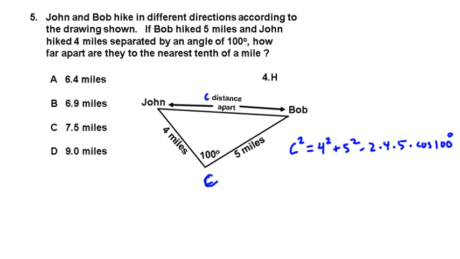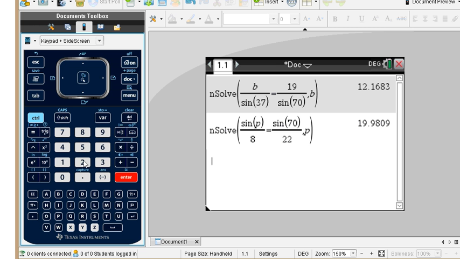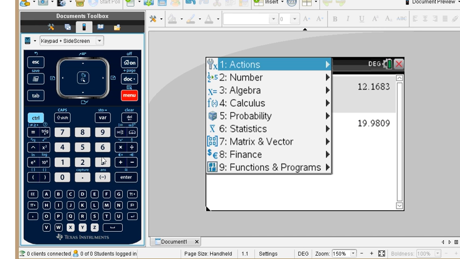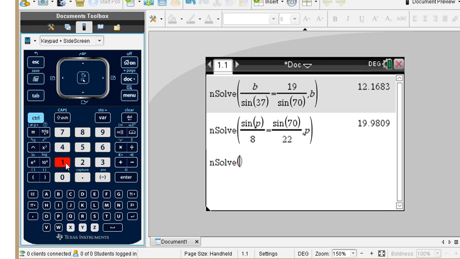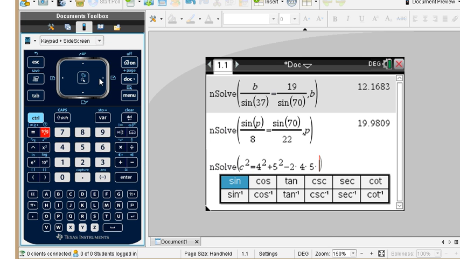Going to our calculator, we go to numerical solve again, menu 3-1, and we put in c squared equals 4 squared plus 5 squared minus 2 times 4 times 5 times cosine of 100 degrees.